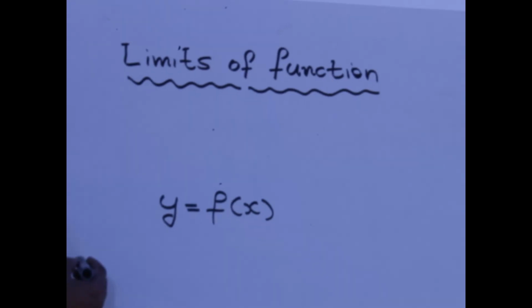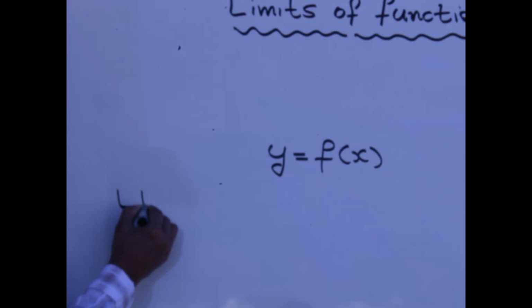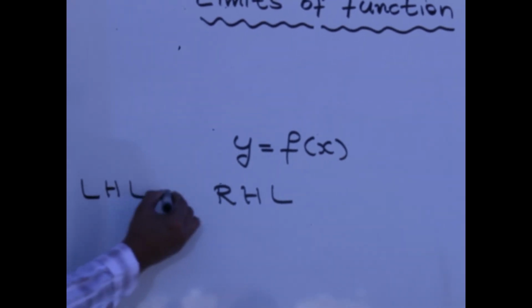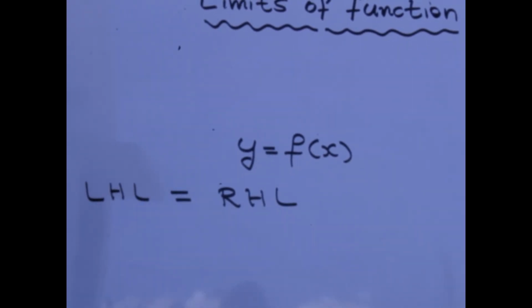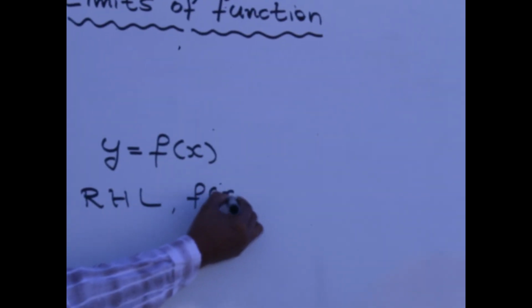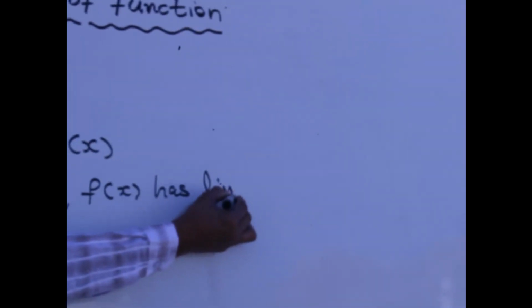That means if LHL and RHL are equal values, the function has a limit.